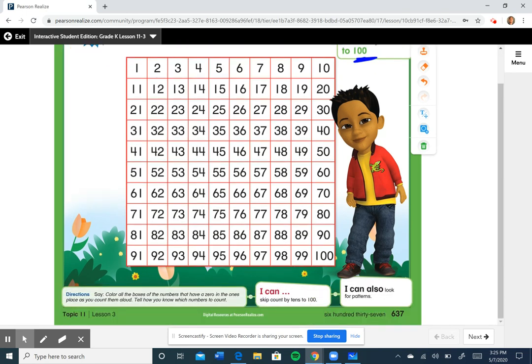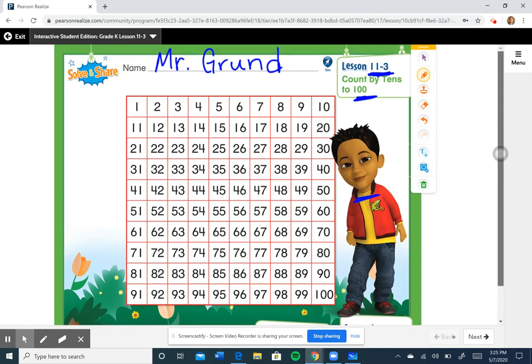Now, here's our good buddy Carlos, and Carlos says he wants us to color all the boxes in this 100 chart that have 0 in the ones place. A 0 in the ones place, and you're going to see a pattern.